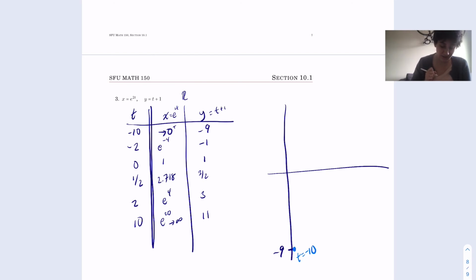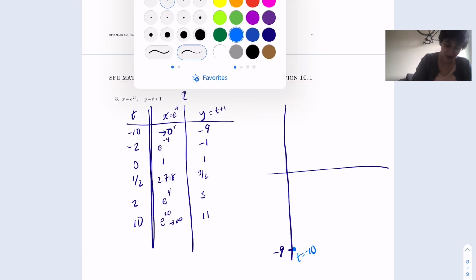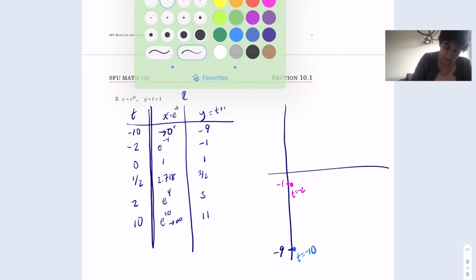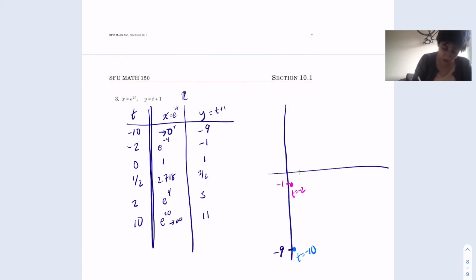I'm going to give myself e to the -4. That's, again, pretty close to the y-axis. It's at y equals -1, so let's go -1 here. So I'm going to put this here, t equals -2. 1, 1. So here's 1, here's 1. There we go. So this is t equals 0.